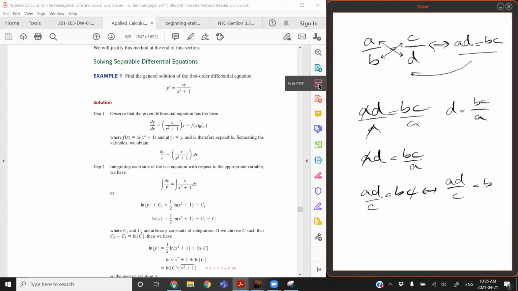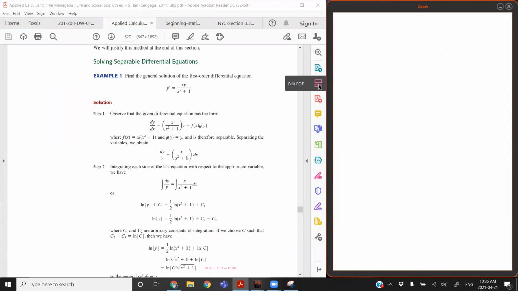I wanted to remind you of this because I'm going to use it while I am solving these problems. And the other thing I want to remind you of is ln and the properties of ln. Generally, when we say log A base B is C, that is equivalent to B to the power of C is A. And ln of x is log x base E, the special number E, Euler's constant.